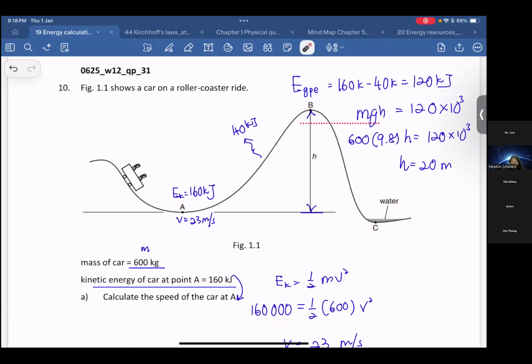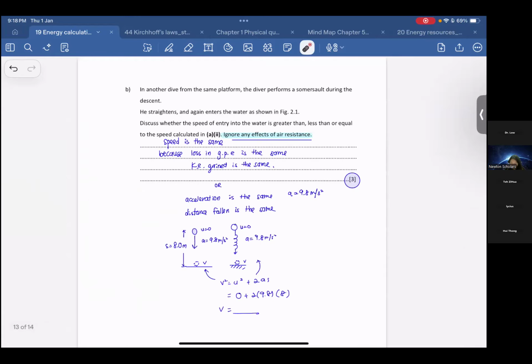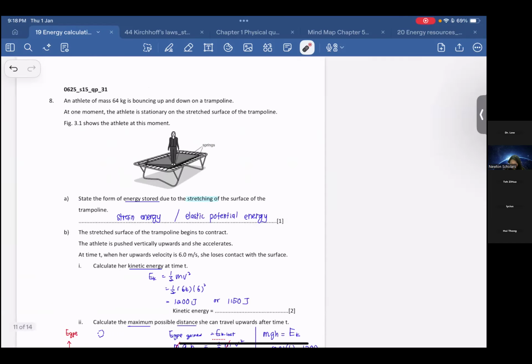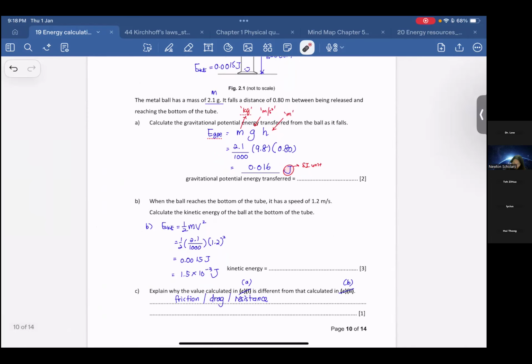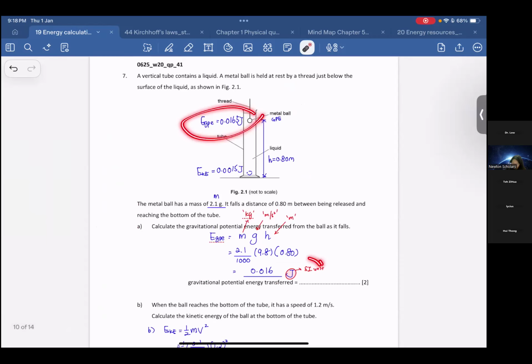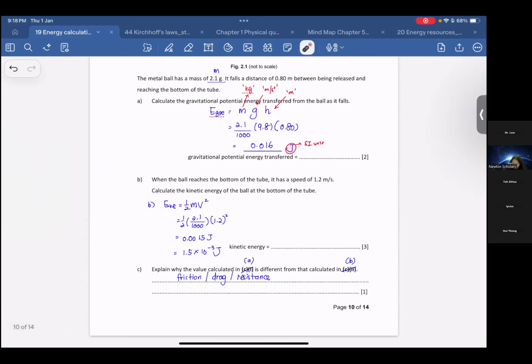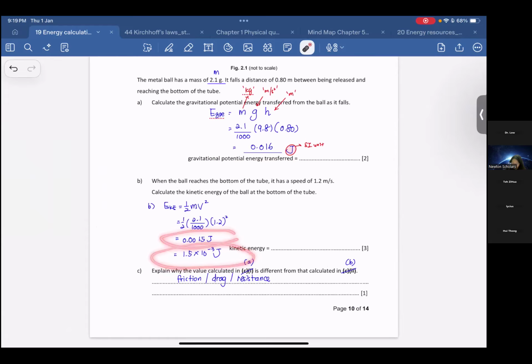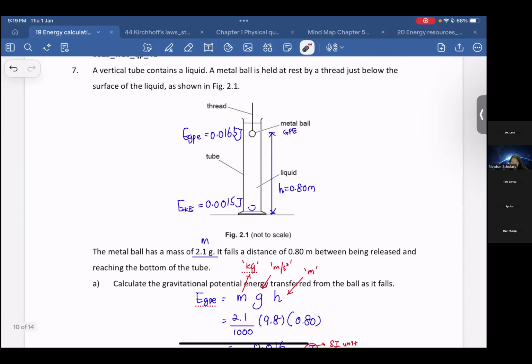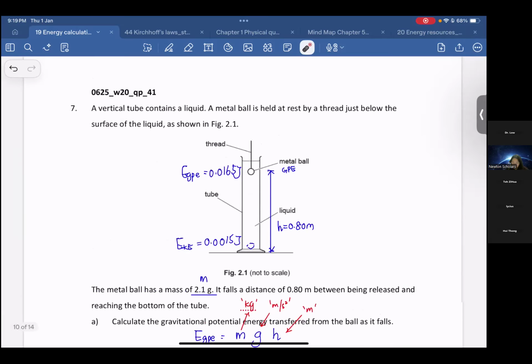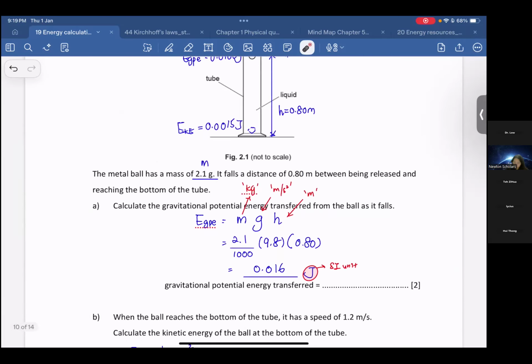Okay, so like this question, for example. My GPE is 0.016. My kinetic energy is 0.0015. They can add one more part, C, asking you to calculate how much energy is lost to the surrounding due to the friction, due to the liquid resistance. So you just use the starting minus the final.